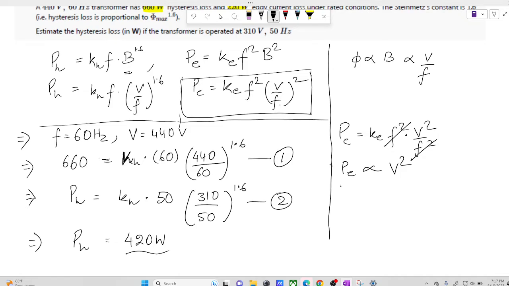So 220 watt is proportional to the operating voltage 440 volt squared, upon 310 squared. Please solve and let me know what the eddy current loss is.